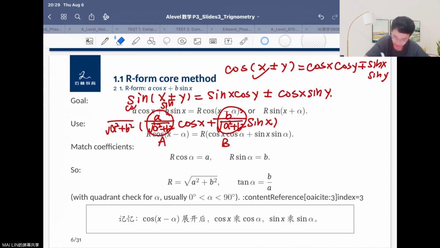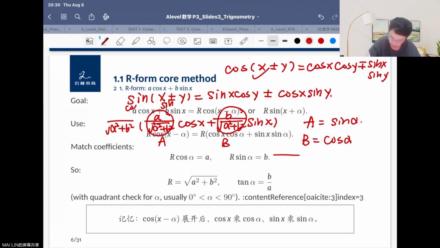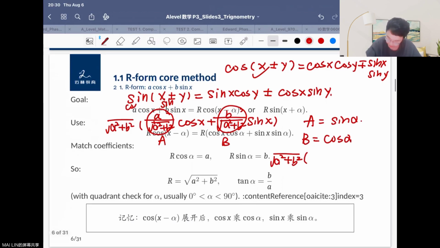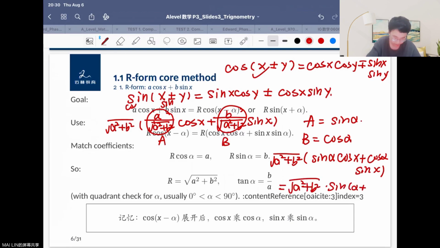So if we consider one coefficient as sine alpha and the other as cosine alpha, the original formula becomes the square root of a squared plus b squared, times sine alpha cosine x plus cosine alpha sine x. Then we can calculate it as the square root of a squared plus b squared, times sine of alpha plus x.